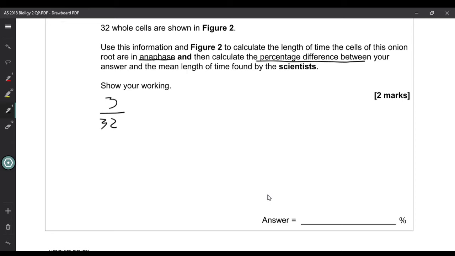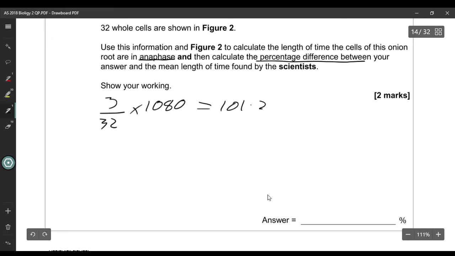So it's going to be this 3/32 fraction of the 1080 minutes that is the time spent in anaphase. So we take the fraction that are in anaphase, multiply it by the full time of the cell cycle, which is 1080, and that comes out to be 101.25 minutes.